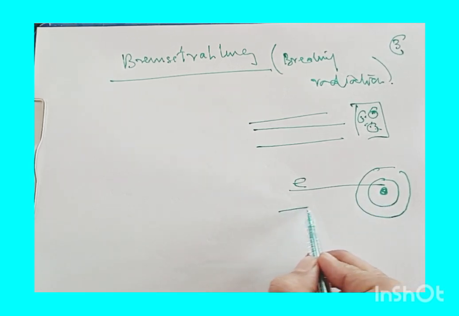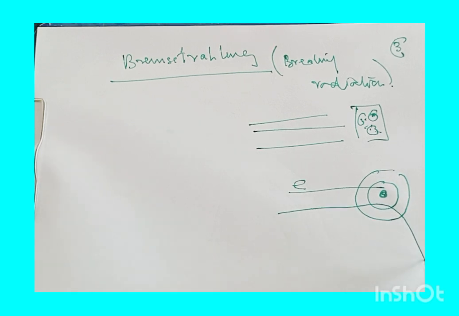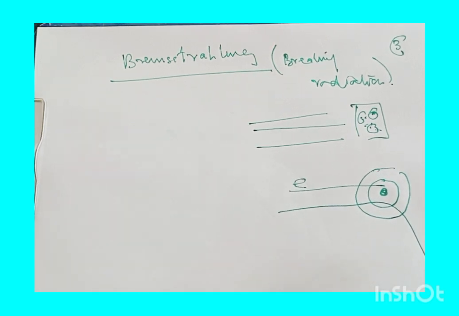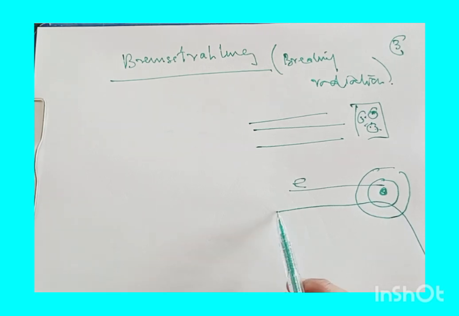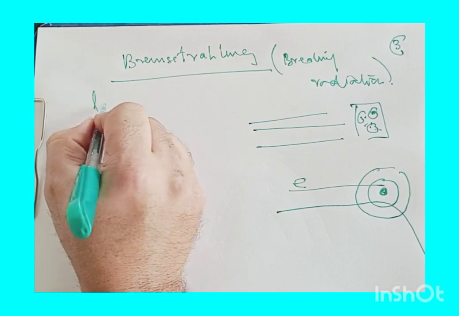So the electron is going, and it deviates from its original path and gets decelerated. There is a deceleration going on, and the velocity and hence the kinetic energy of the electron decreases. So an electron moving in the vicinity of a nucleus, having a strong electrostatic interaction, loses energy.